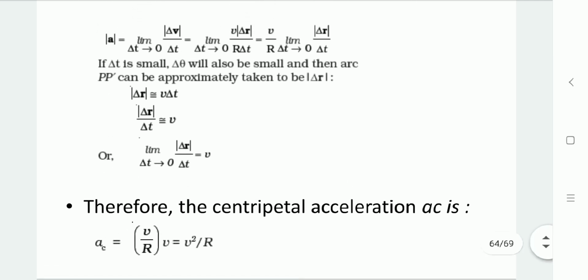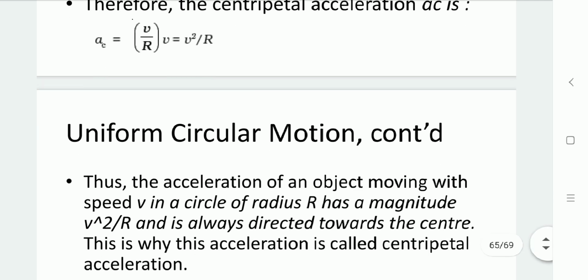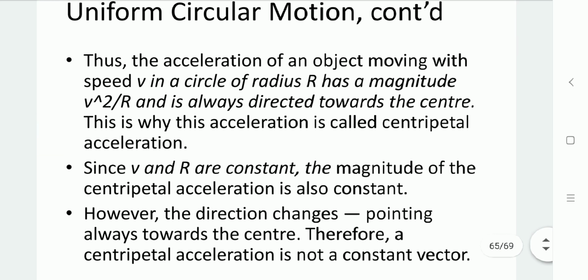So for an object taking a circular path, we have the acceleration v square by r, which is known as centripetal acceleration. This is the acceleration of an object moving with speed v in a circular path of radius r.